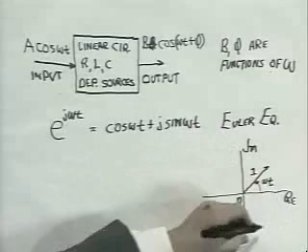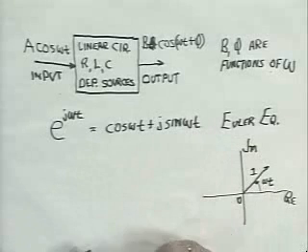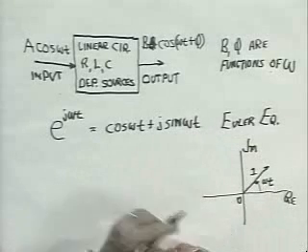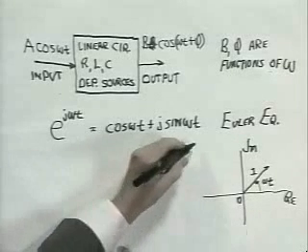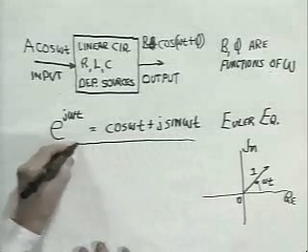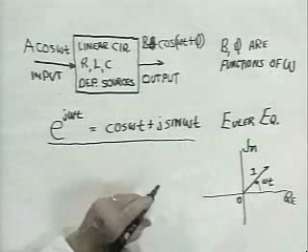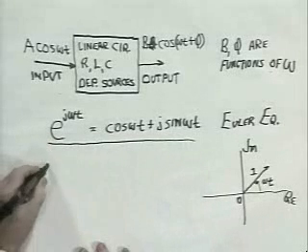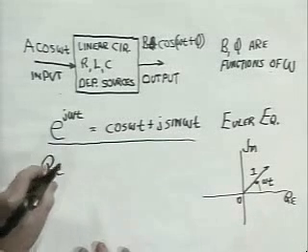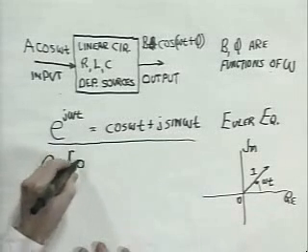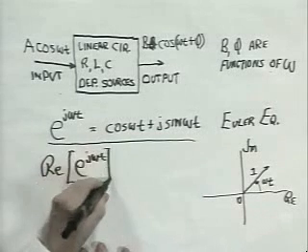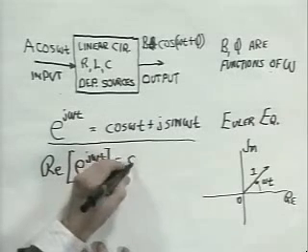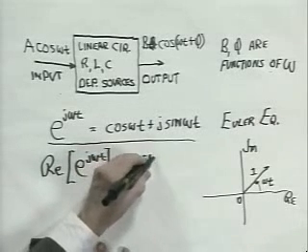So this is a vector which rotates about the origin at constant angular velocity and is of unit length. The Euler equation makes clear that the real part of the complex number, e to the j omega t, is cosine omega t.